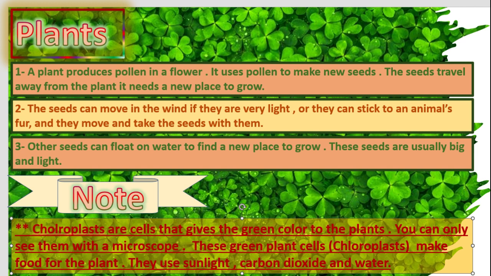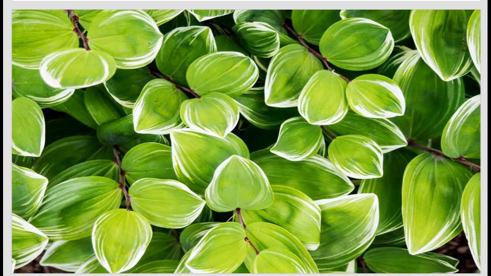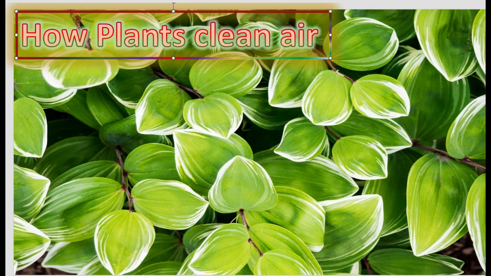So chloroplastis are really important for the plant, okay? And the color of chloroplastis is green. So when I ask you, why are plants green? You will tell me because there are chloroplastis, and these chloroplastis are cells that give the green color to the plants.